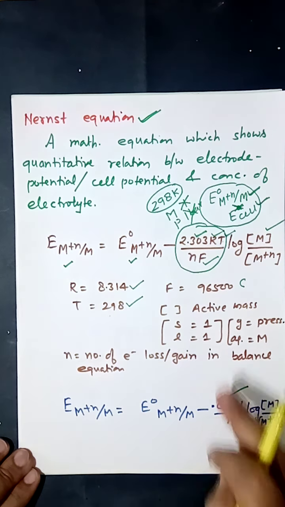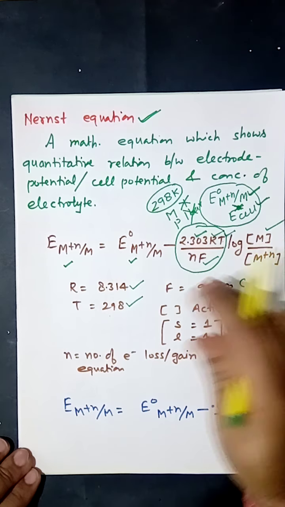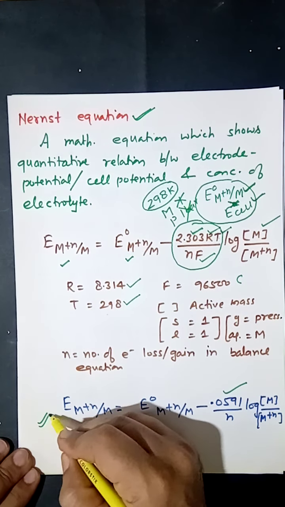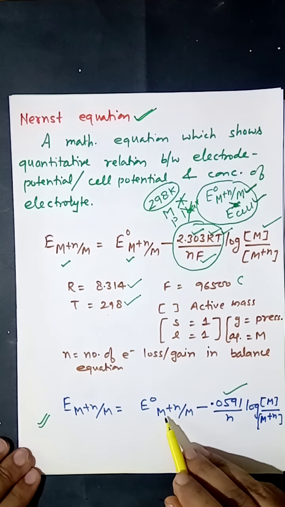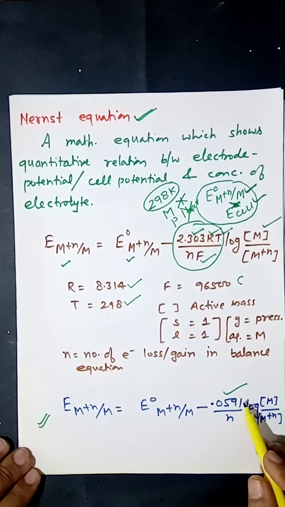Only n is variable, the rest are all constant. This is given in the book, that's why I have also shared it here, but you can directly start your numerical with this equation. Electrode potential equals standard electrode potential minus 0.0591, which is constant, divided by n, log concentration of metal upon concentration of metal ion.